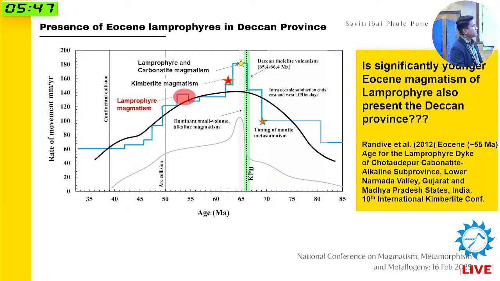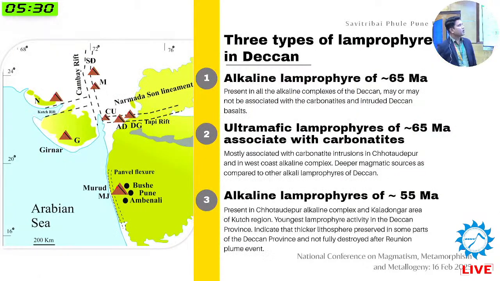An Eocene lamprophyre of 55 million annum age was reported from the West Coast alkaline Chhota Udaipur complex long back in 2012 at one of the International Kimberlite Conferences in India. So yes, we have three types of lamprophyres present in the Deccan. One is alkaline lamprophyre of 65 million annum age.